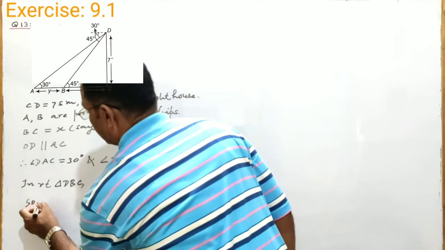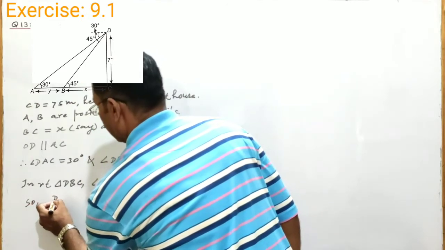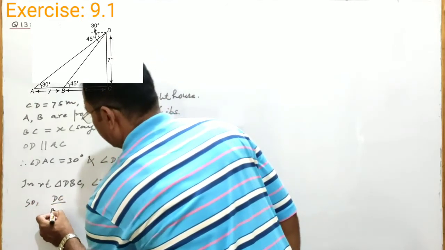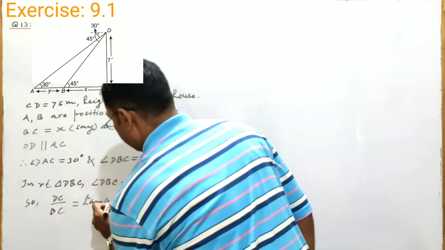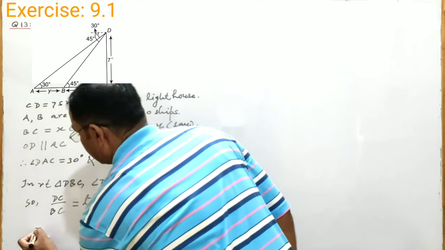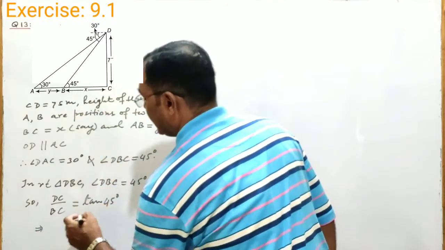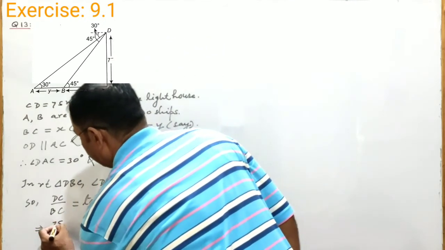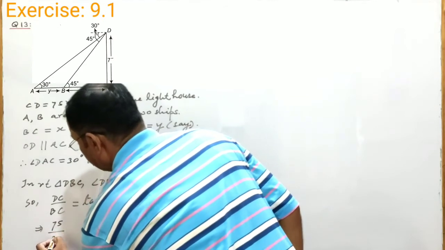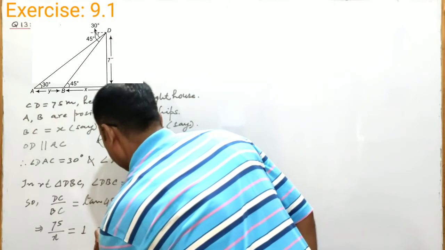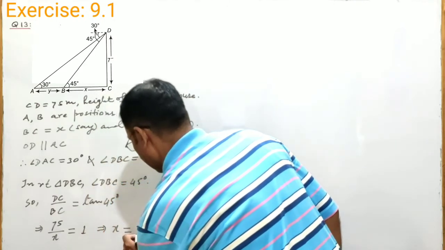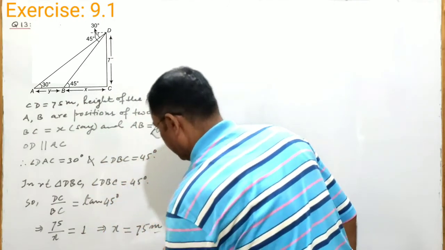So DC by BC equal to tan 45 degrees. DC is the height of the lighthouse, given 75 meter. BC we have taken X and tan 45 degrees value 1. So this implies X equal to 75 meter.